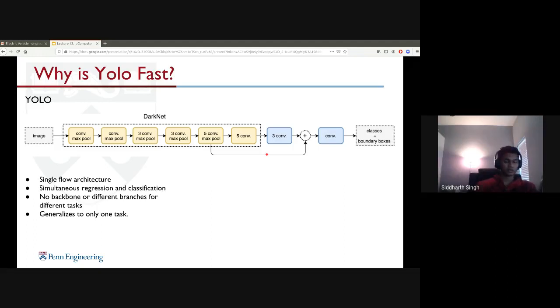There are architectures in which the input goes through a few convolution layers, then the output of that goes through another set of convolution layers, and the same output goes through a different set of convolution layers, does something else, joins together, goes through another set of convolution layers, and gives you an output. Not in the case of YOLO. YOLO is a single flow architecture, and the advantage of this is that it performs regression and classification simultaneously.